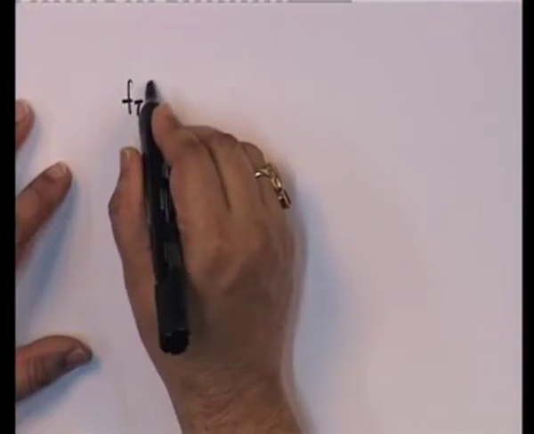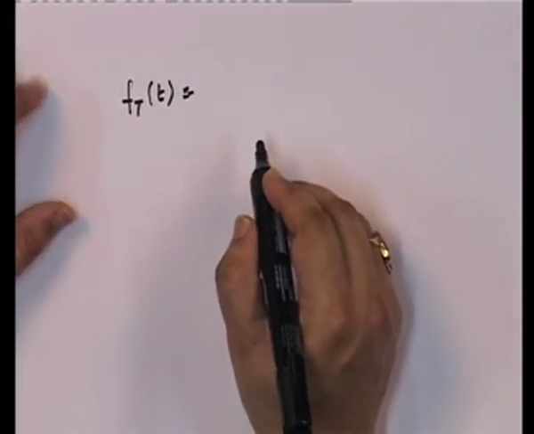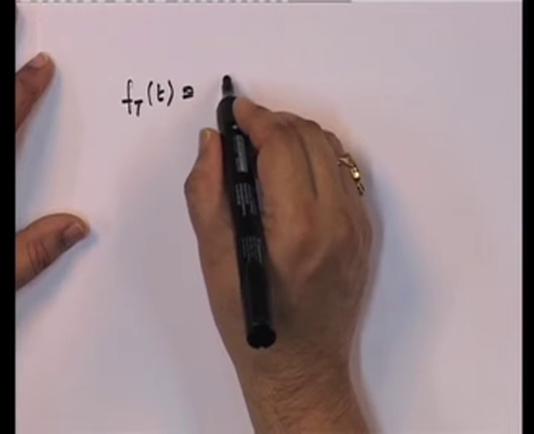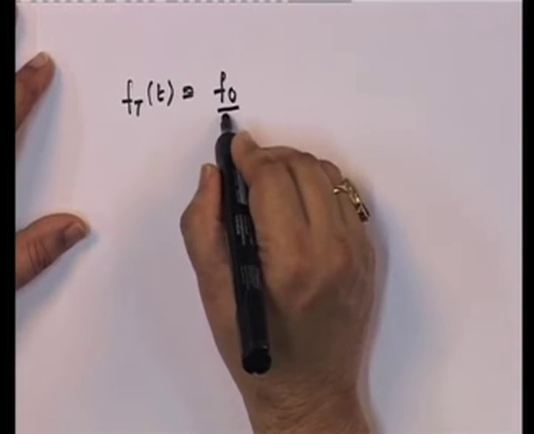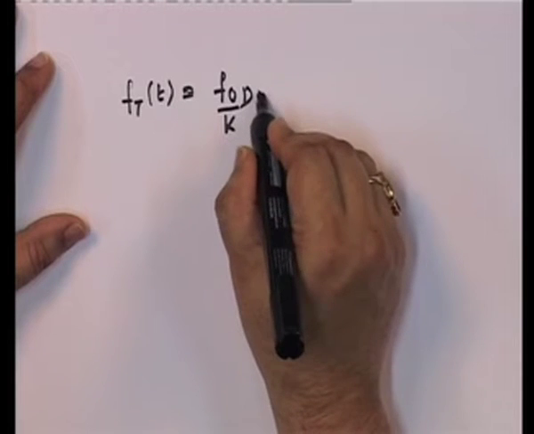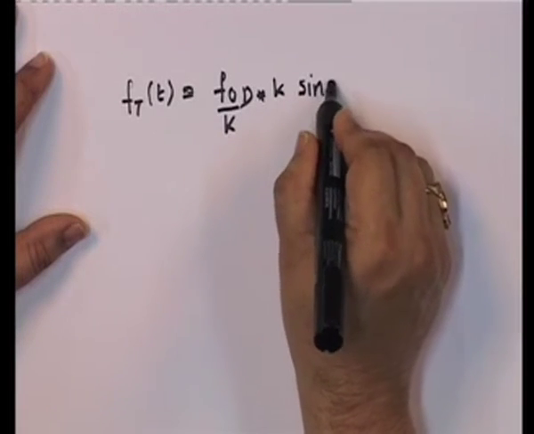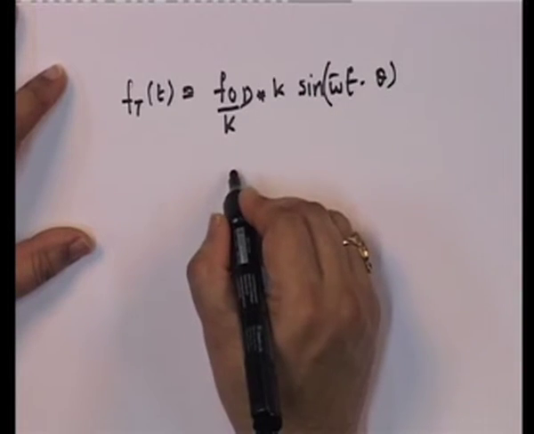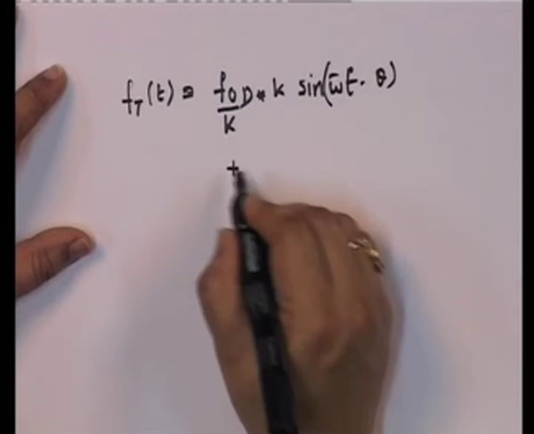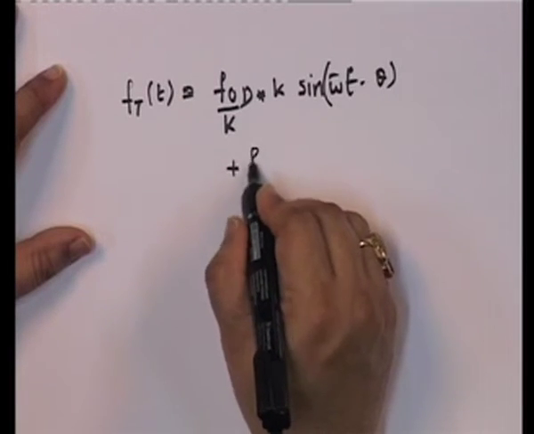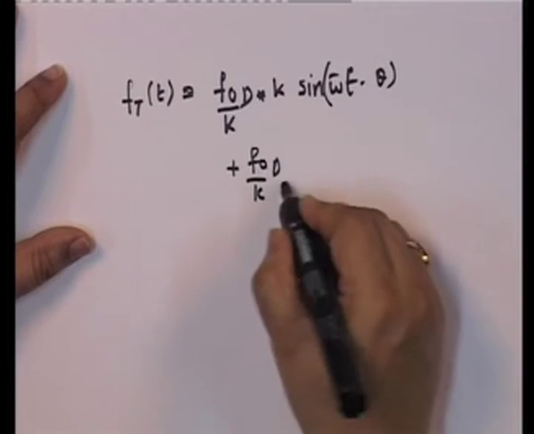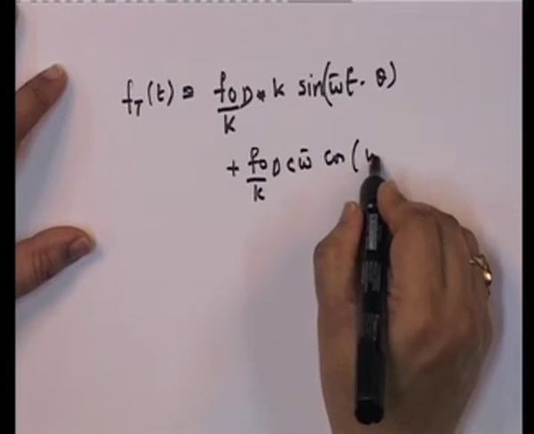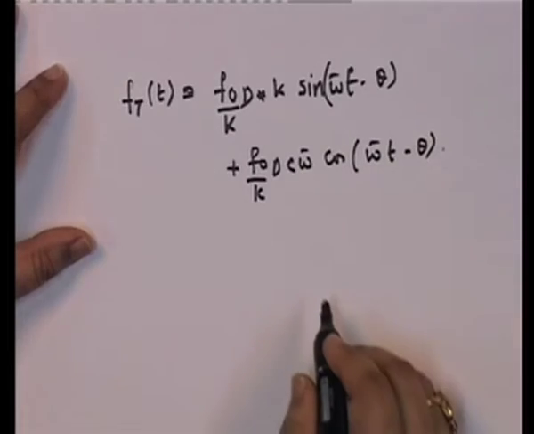F of t is equal to k times u, which is F0 upon k D into k sine omega bar t minus theta, plus c into u dot, which is F0 upon k D into c omega bar cosine omega bar t minus theta.